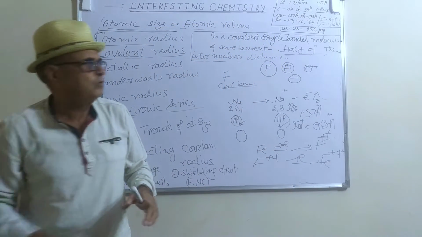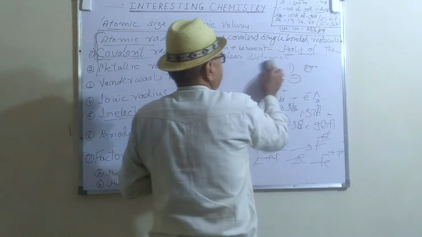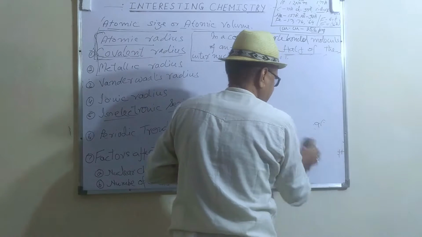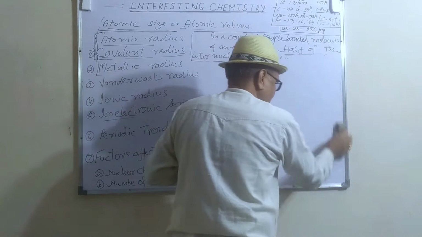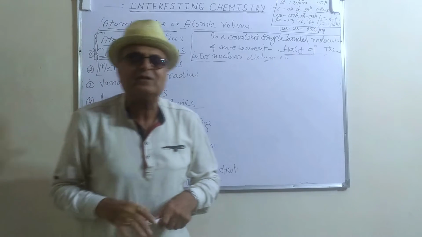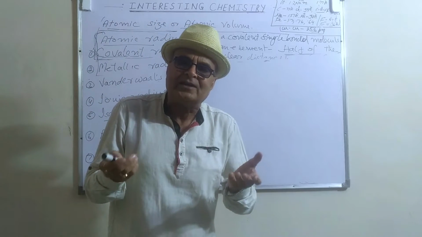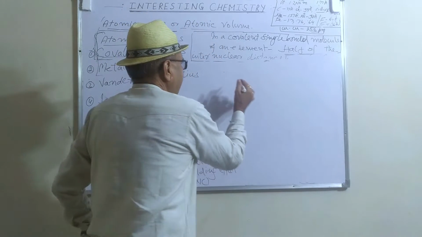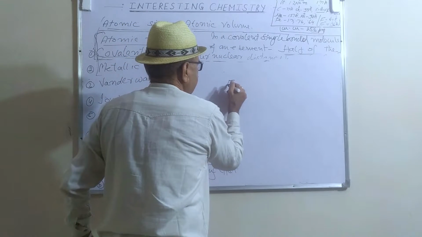Now I come to the anion. What will happen to the size of the anion? It is just opposite to the size of the cation, because F, it is a fluorine atom.